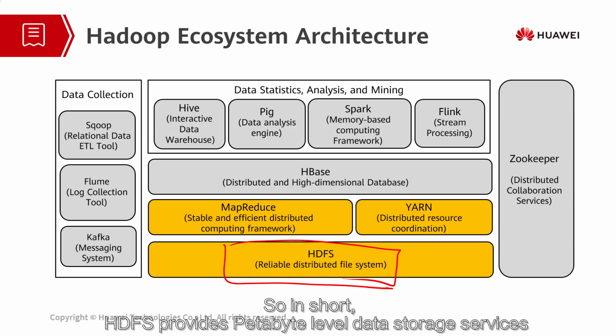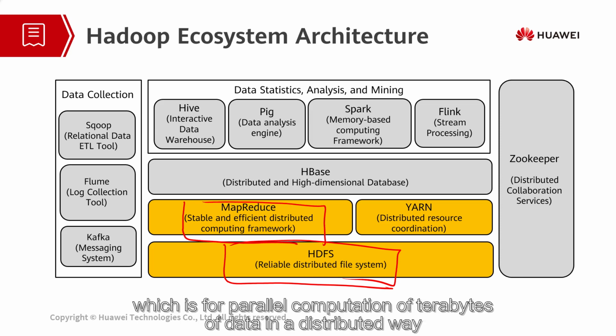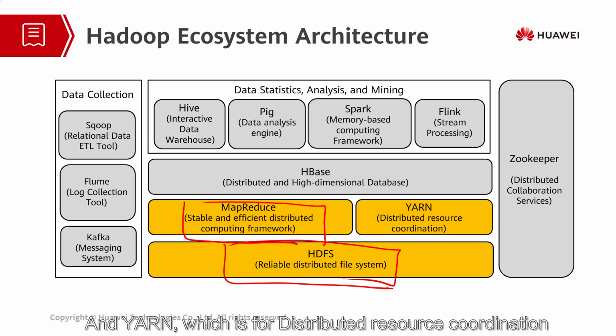So in short, HDFS provides petabyte level storage services. Above it, we can find MapReduce, which is for parallel computation of terabytes of data in a distributed way, and YARN, which is for distributed resource coordination.